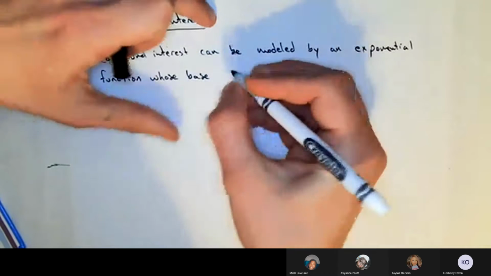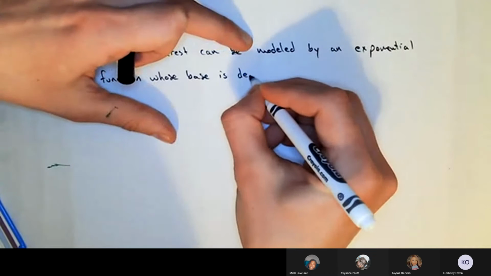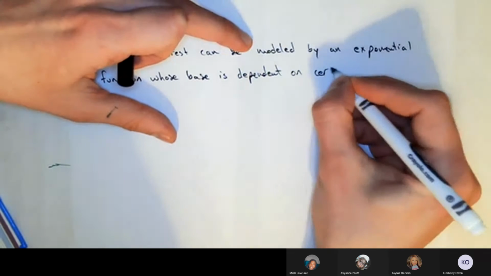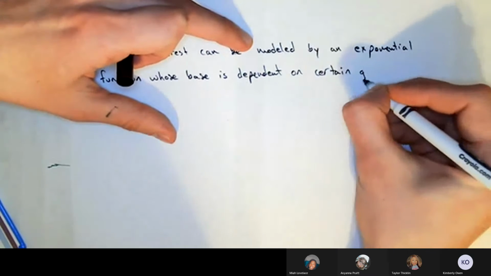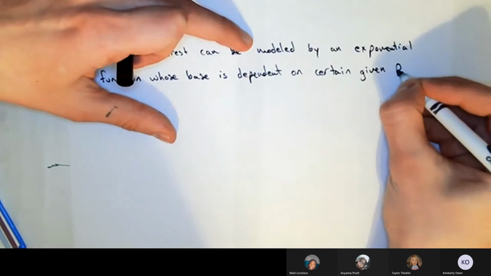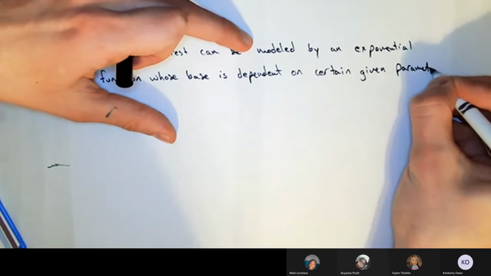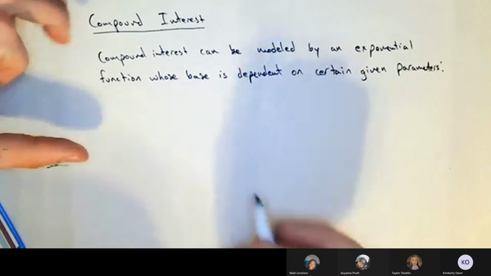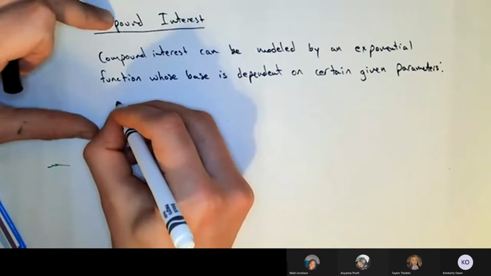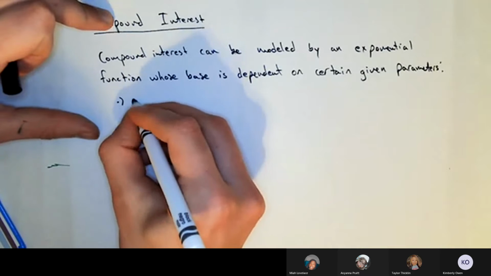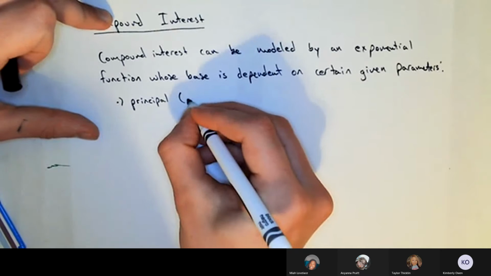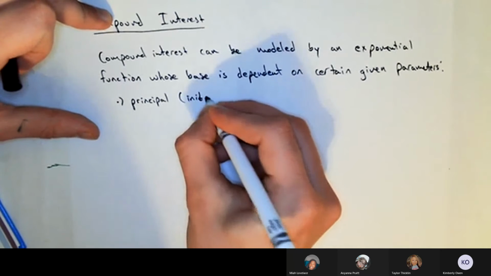It can be modeled by an exponential function whose base is dependent on certain given parameters. Those parameters being the principal, which is the initial amount of money.